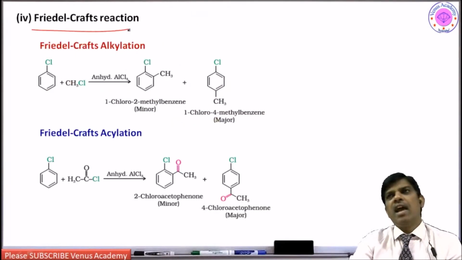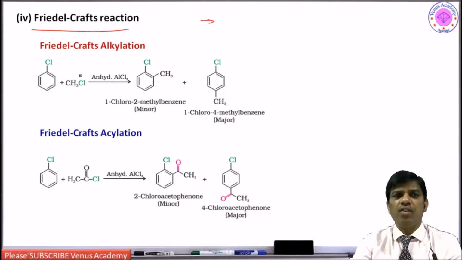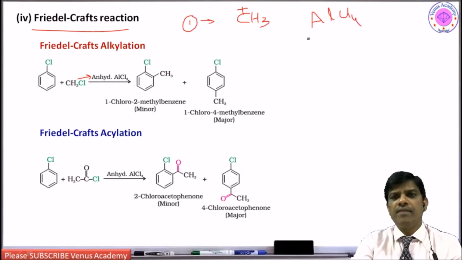Friedel-Crafts reaction will involve three steps. First, generation of the electrophile. Chloromethane plus anhydrous aluminum chloride is going to form the methyl cation, which is the electrophile, and aluminum chloride becomes AlCl4 minus.